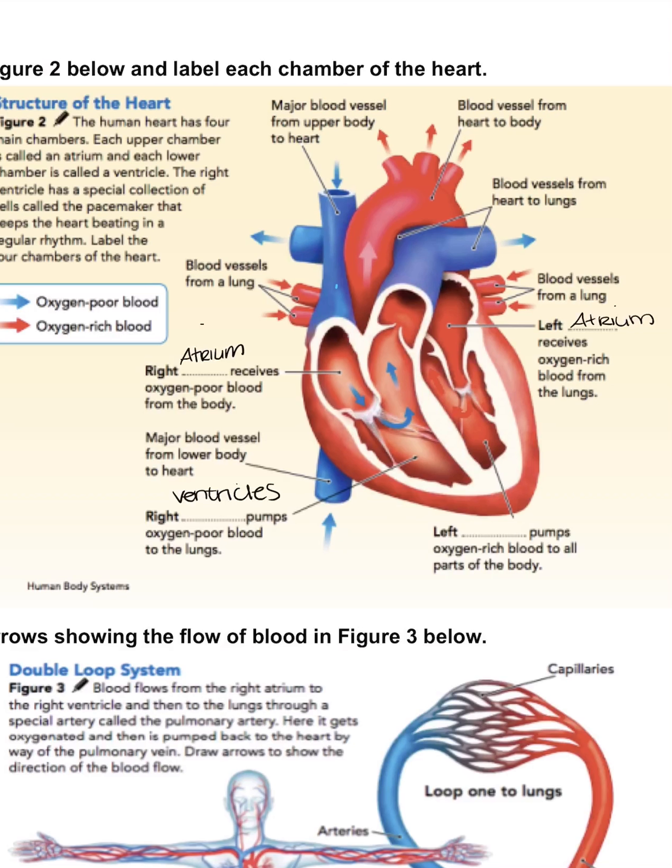And I'm sure it's confusing about why I have right and left on the sides that I do. This would be considered anatomical right and left. So if a person was looking at you, their right would be on your left. So that's why it's flipped in this picture here.